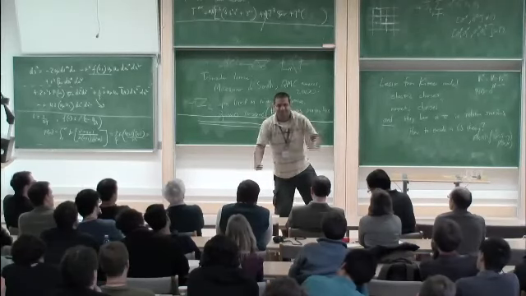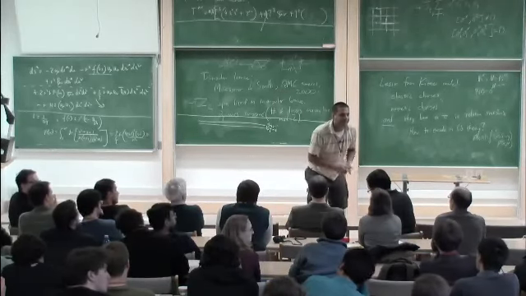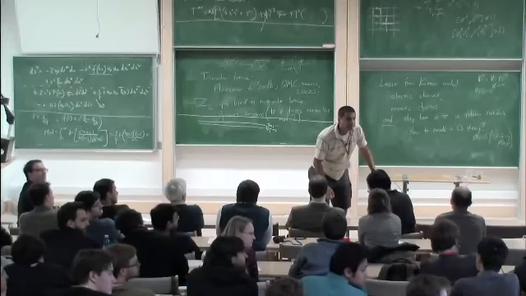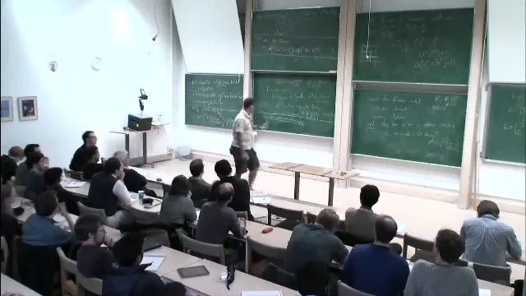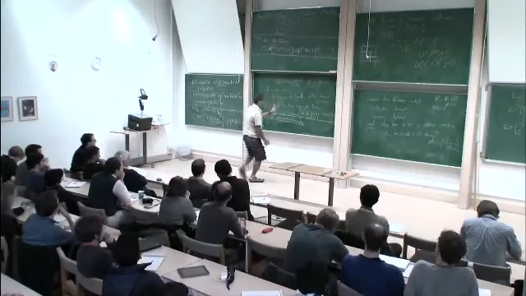Okay, yes please. From the view of gravity, you have constraints, no? Yes, you have constraints, but the constraints are 4 in number. If you have 4 constraints on 9 functions, that still leaves you freedom to specify 5 functions of time arbitrarily. That's still not good enough, still not like a field theory.